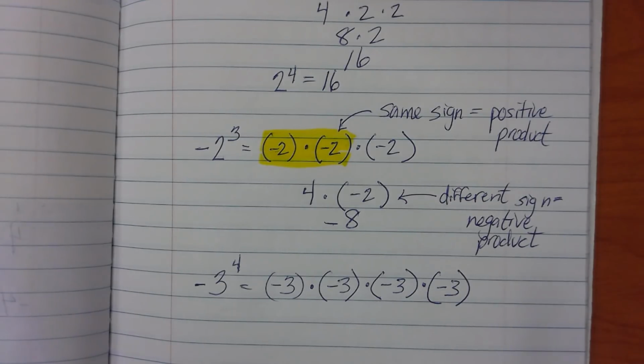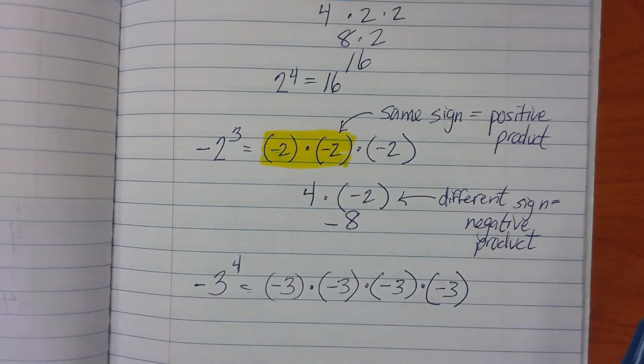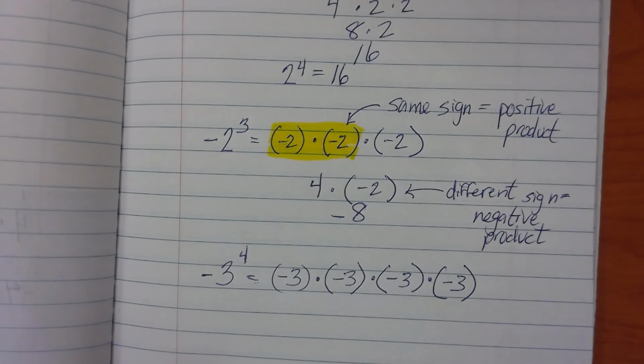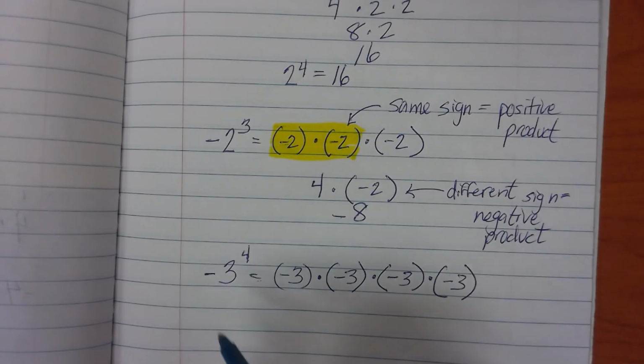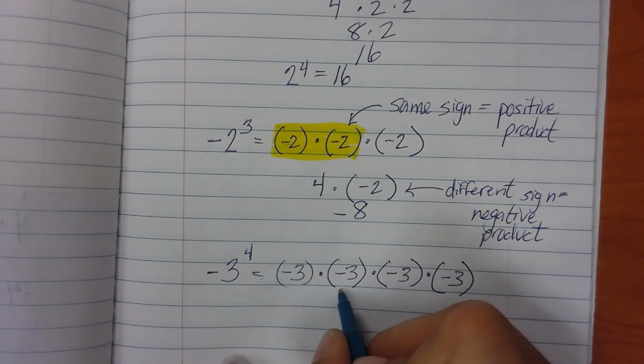Now, I know sometimes when you're multiplying with exponents without the negative sign, you're used to doing this with just positive numbers. You multiply parts. That you don't want to do.